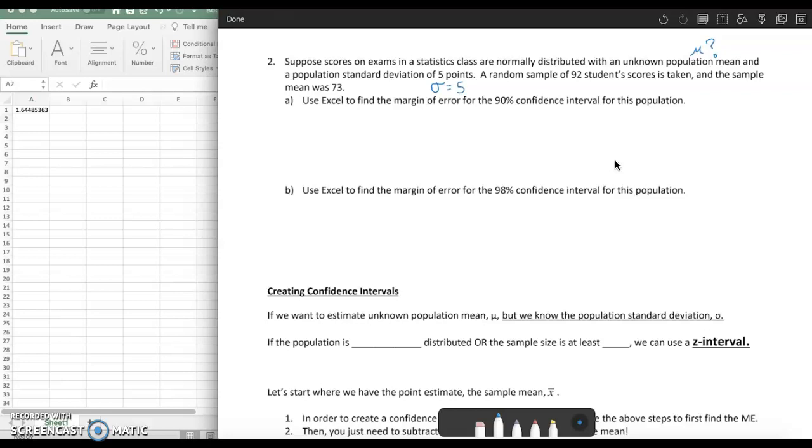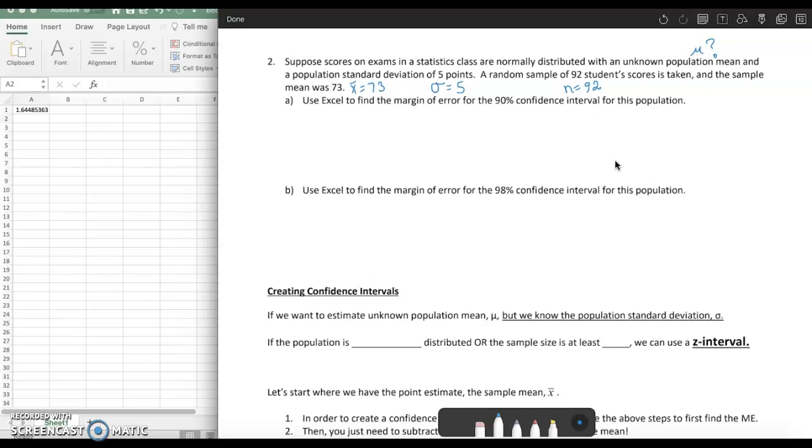A random sample of 92 students' scores is taken. So that's our n value, 92. And the sample mean is 73. So I'm just labeling everything as I go. Sample mean is denoted by x bar, so that's 73. We want to use Excel to find the margin of error for a 90% confidence interval for this population.